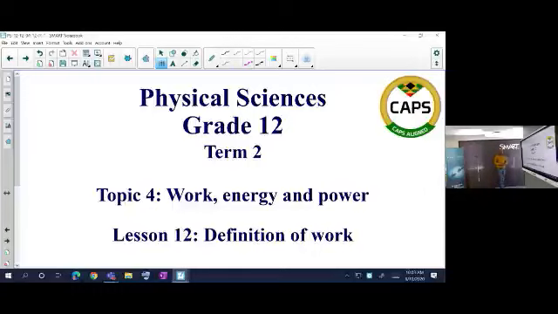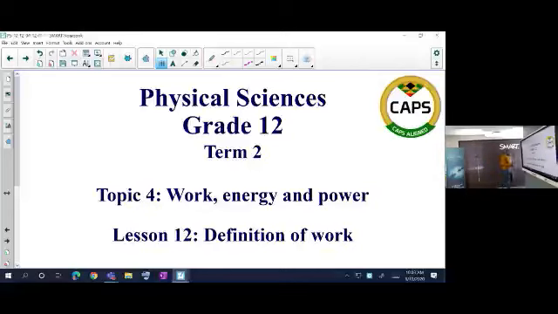You have different definitions from previous grades, but now we have to look at the scientific definitions. When it comes to physical science, work is linked to energy. And power is very important, especially to us, because without power, you're not going to see us. Without power, you can't eat.